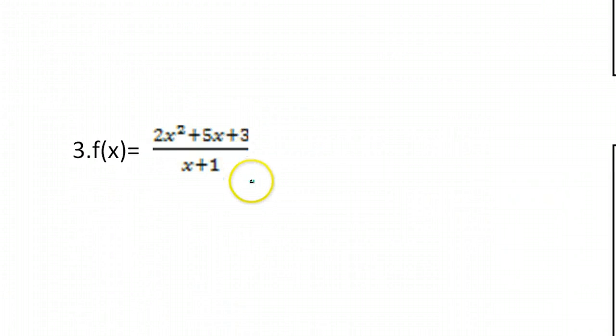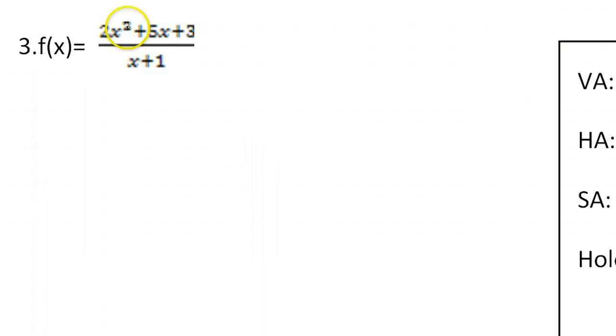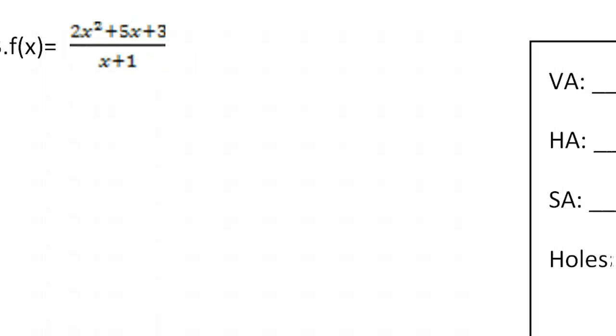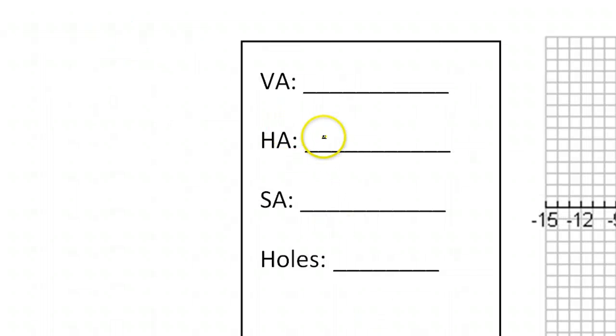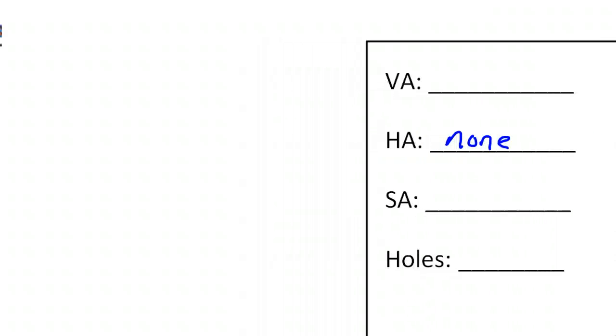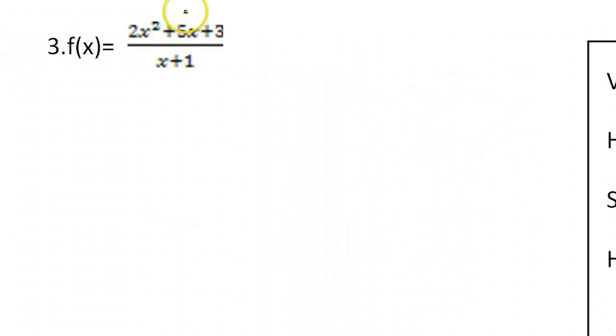Alright, last one. Once again, the numerator degree is higher than the denominator. That tells us that there will be no horizontal asymptote, so we can go ahead and put none. Maybe there's a slant asymptote because the top degree is exactly 1 more than the bottom, but only if there's a remainder when we divide.